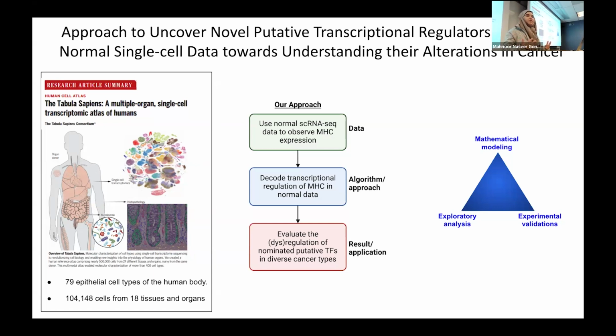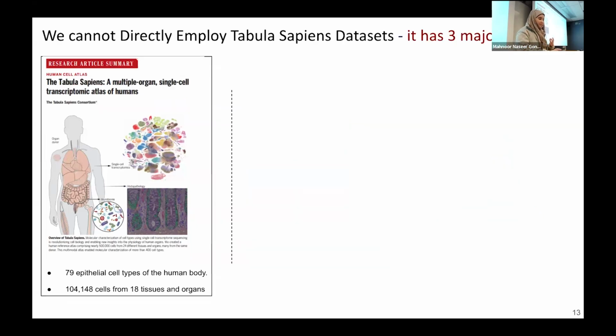It had 18 different tissue types, 124 epithelial cell types. Our approach was to use this data, make some algorithm to nominate transcription factors, and then see which transcription factor is affected in different cancer types. So this pyramid scheme of exploratory analysis, mathematical modeling, and then finally some experimental validation.